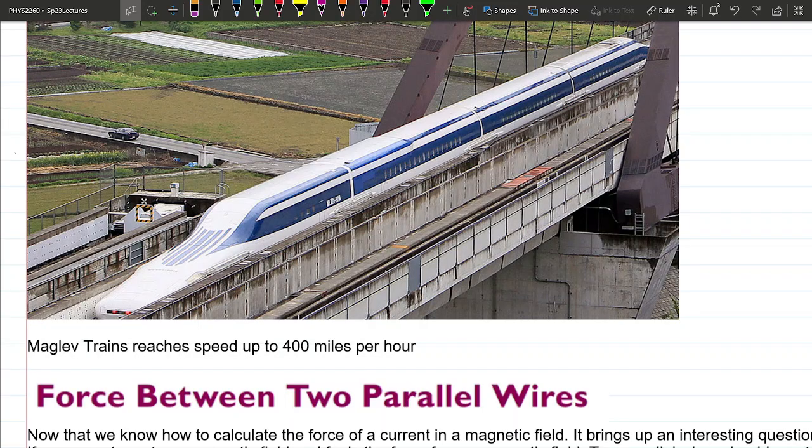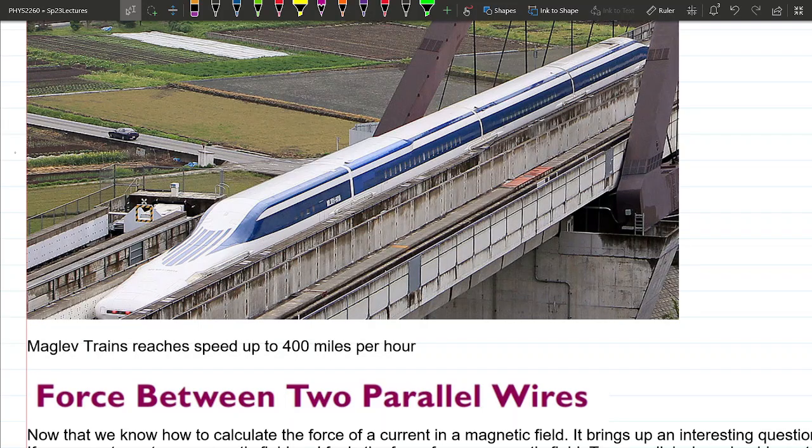I'm not sure what the current design of the hyperloop is, but the idea could also have magnetic levitation in it. But the idea of the hyperloop is also to put it in a tube that is a vacuum, so it also removes the air resistance. We'll see how realistic that is.